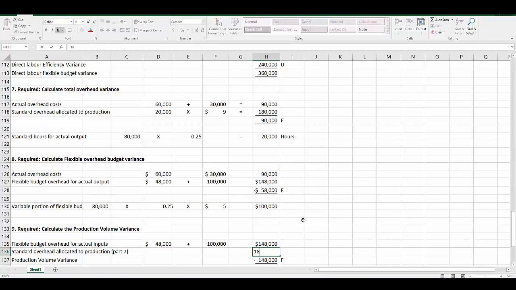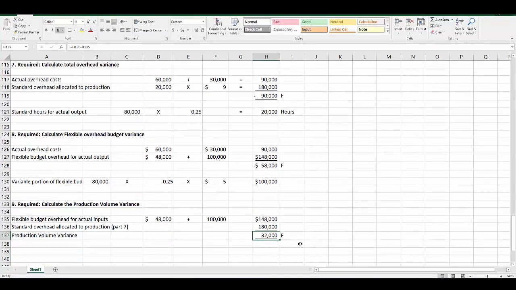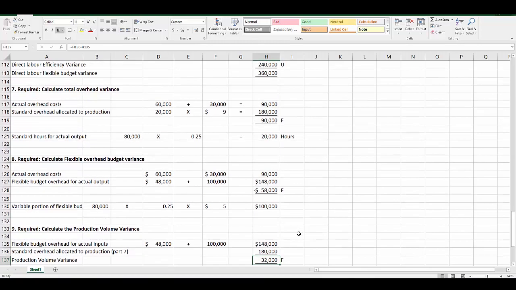So we'll put in our 180,000. That leaves us with $32,000 of favorable variance. So now you can see 58 plus 32 equals our 90,000. So that's a breakdown of the overhead budget variance.